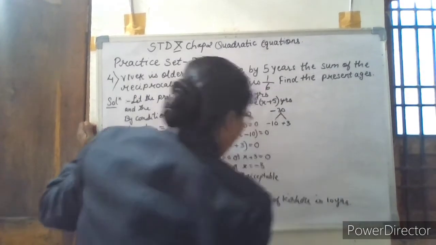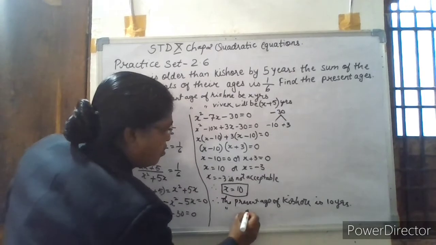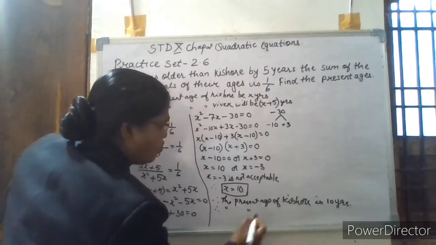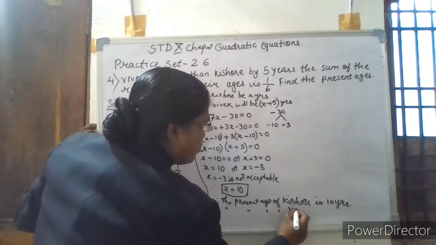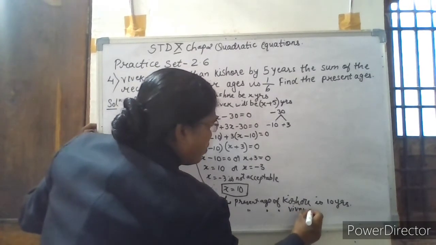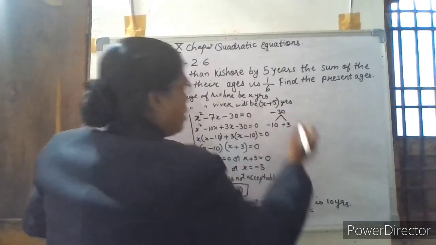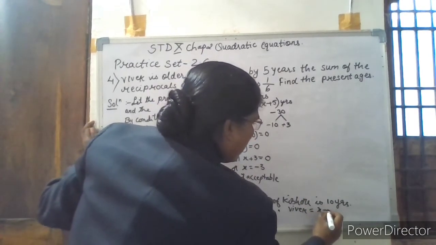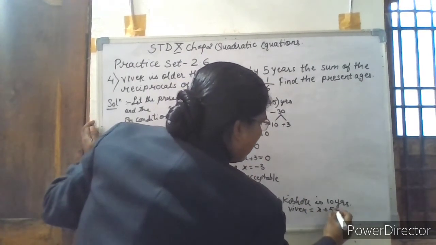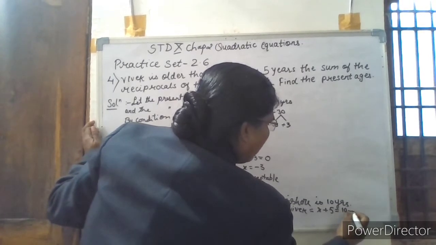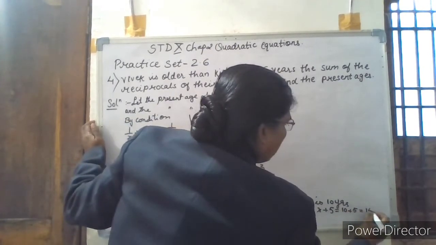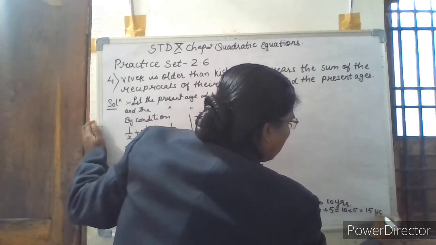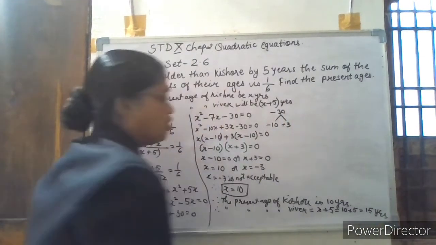Therefore the present age of Vivek is equal to x plus 5, that is equal to 10 plus 5, equal to 15 years. So this is the solution of this question.